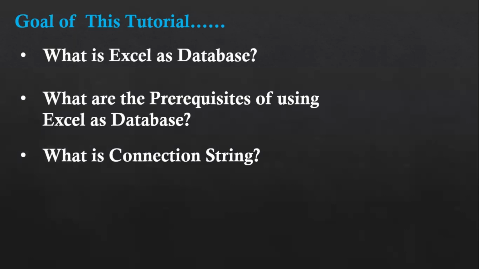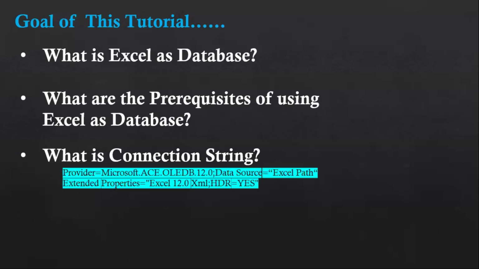So what is a connection string? Basically, the connection string is a piece of code that helps Power Automate Desktop connect to your Excel as a database. If I show you, this is one example of a connection string.